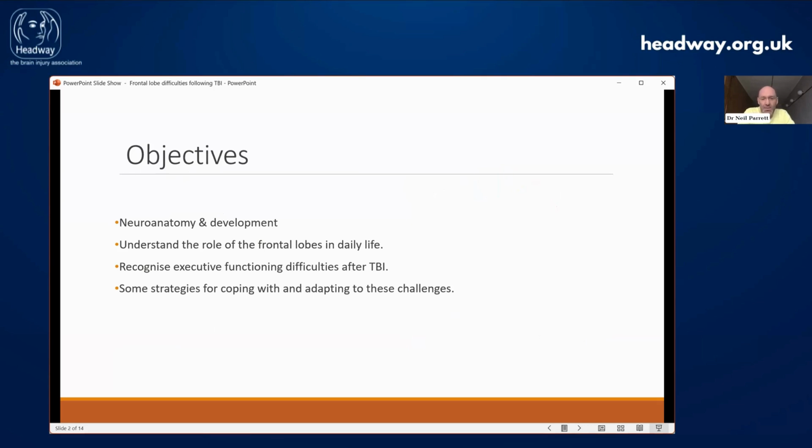We're going to talk a bit about the role of frontal lobes in daily life, what kind of tasks they're involved with, what skills are involved, and then specifically focus on recognizing executive functioning difficulties following traumatic brain injury, how that affects people, what it looks like, and towards the end, a little bit of information about some strategies that we use in neurorehabilitation with a focus on compensatory strategies rather than remediation type strategies.